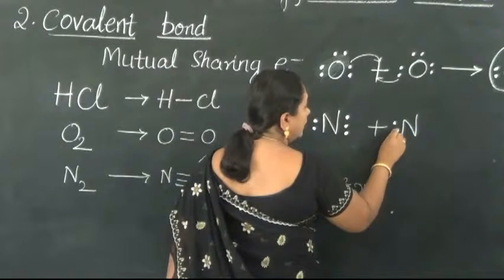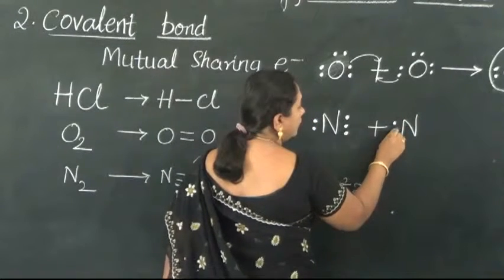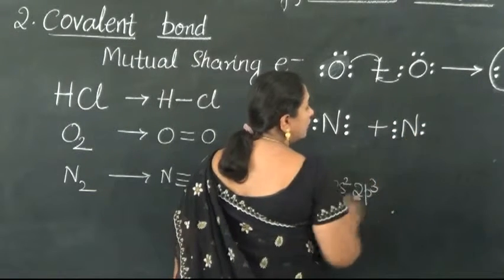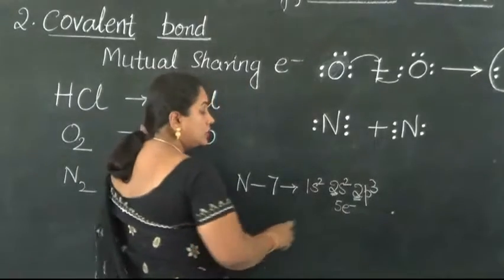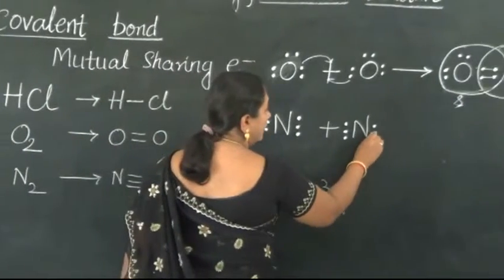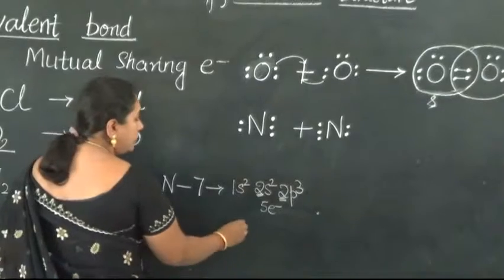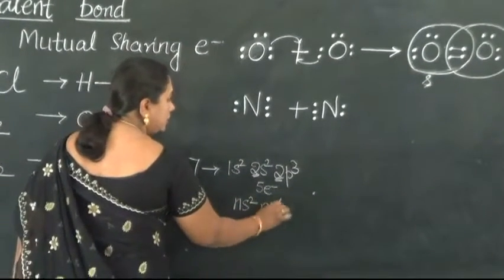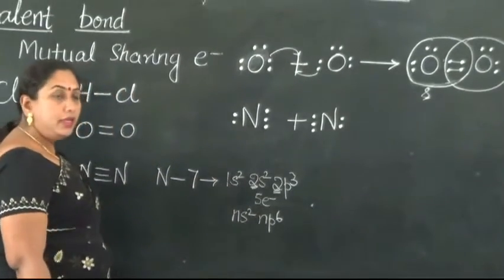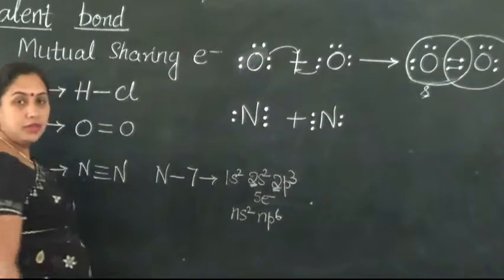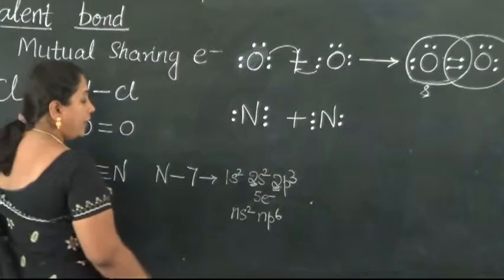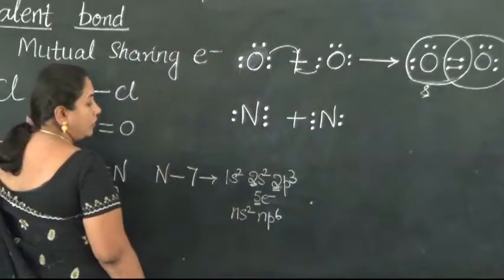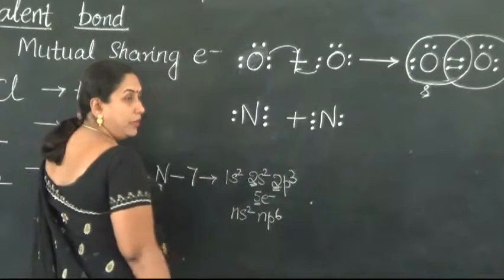The same is to be done for the other atom of nitrogen, because for the element nitrogen the valence electron count would be 5. Now in order to achieve the stable octet configuration as ns2 np6, how many electrons are required by this nitrogen atom? 5 is already there. It requires 3 more electrons to attain the stable octet structure.